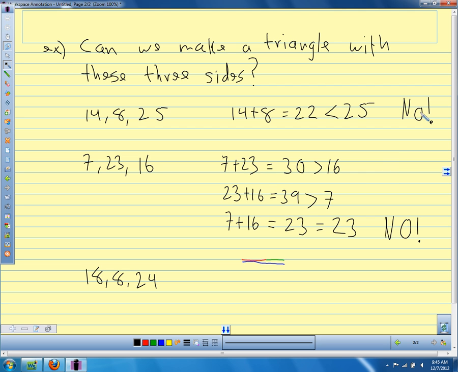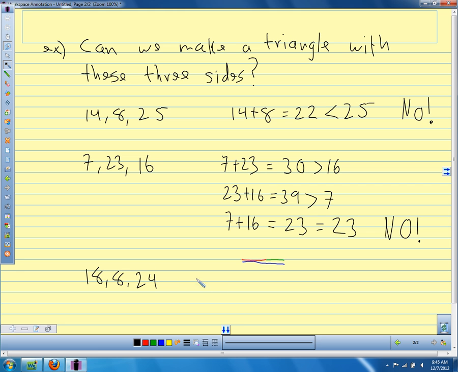No matter how we arrange them, the two have to add up to be bigger than the third. And if you're doing these problems, as soon as you get to one that doesn't work, then you're done. If one doesn't work, then you can't have a triangle.